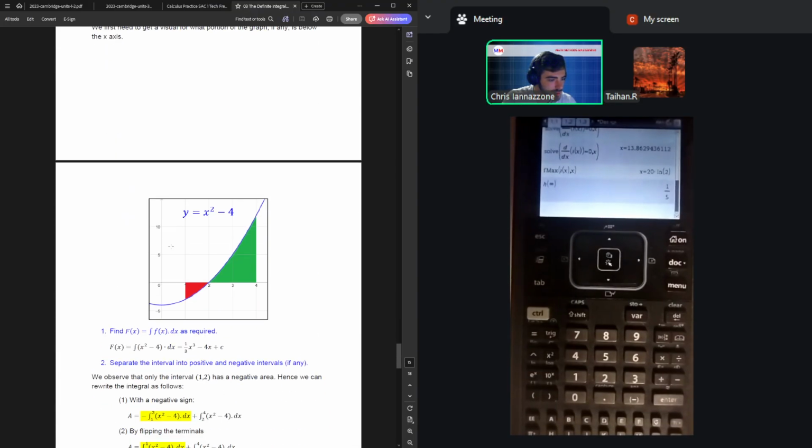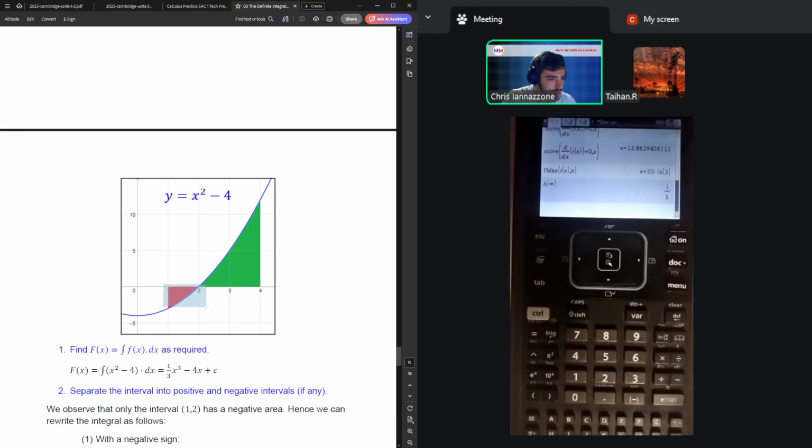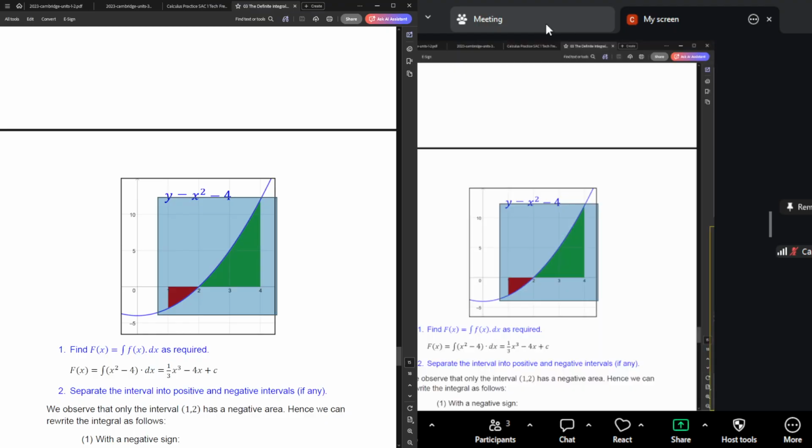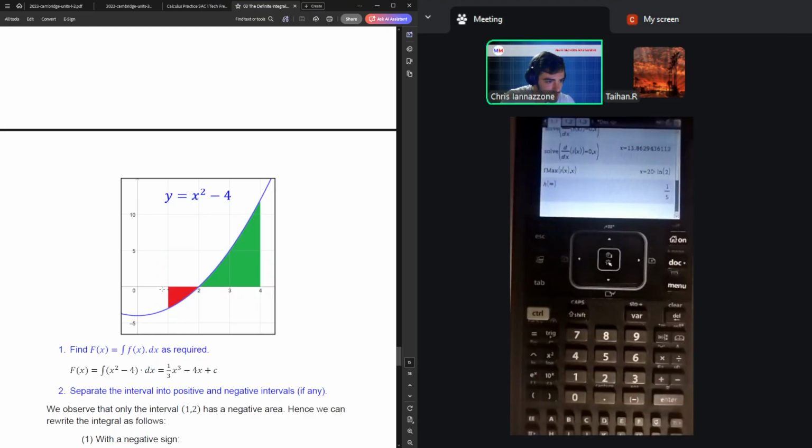So depending on whether your function is above or below the x-axis, it will give positive or negative area. In other words, if you just integrated from 1 to 4 here, you would be adding the positive area and subtracting the negative area there. So whatever that is, minus whatever that is, is your answer.